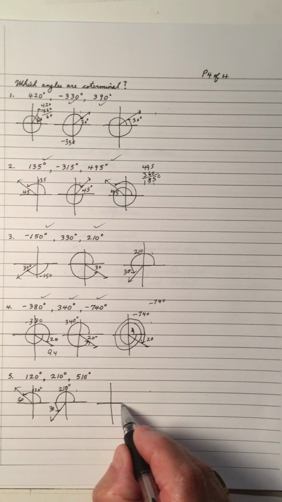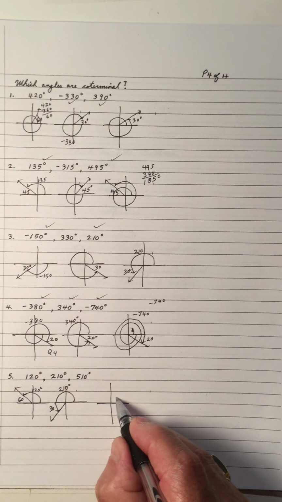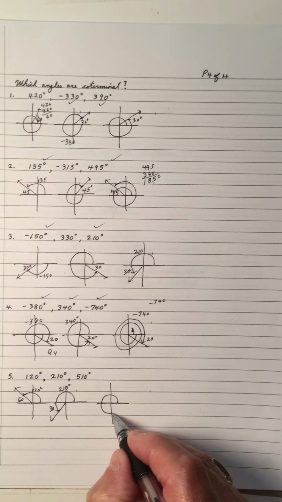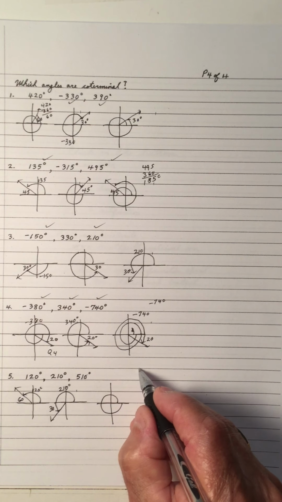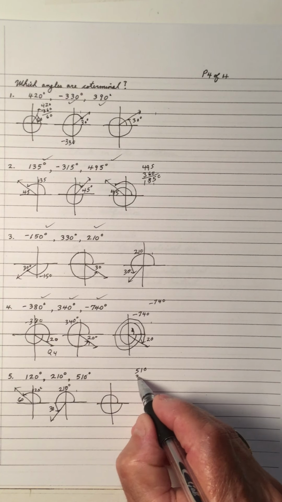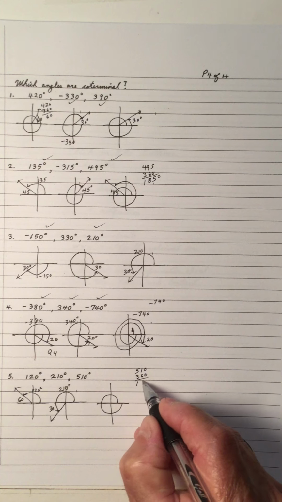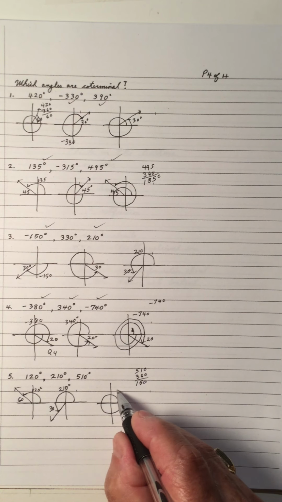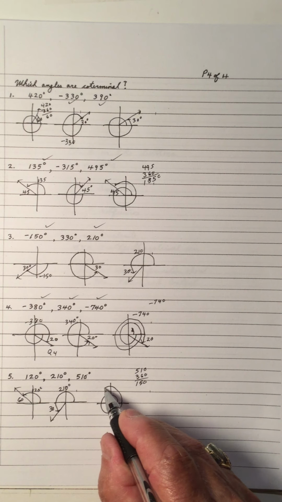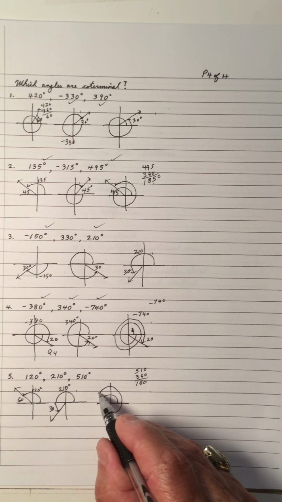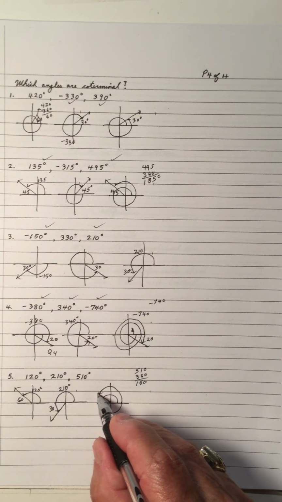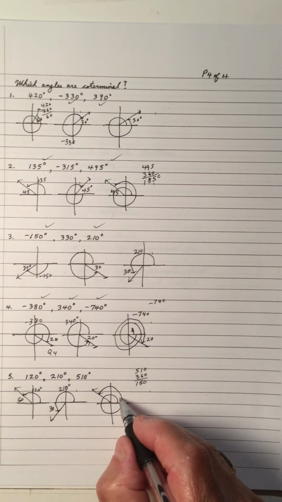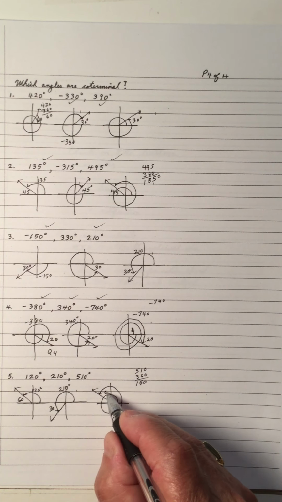And 510. 510 is 360 and more. So 510, we're going to take off 360, is 150. 150 is 90, and that's 60.